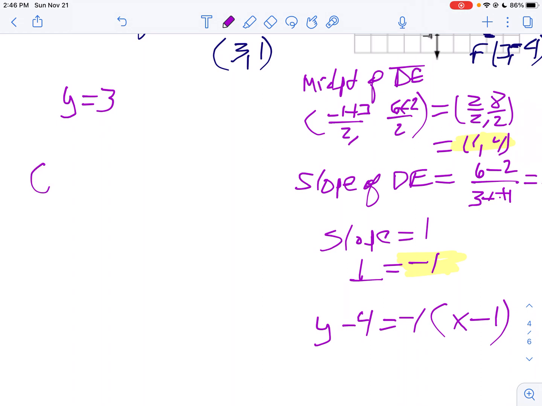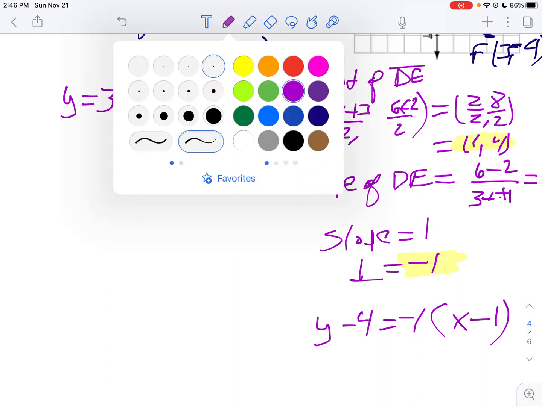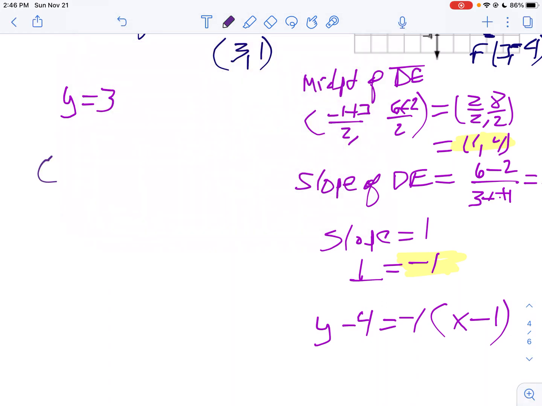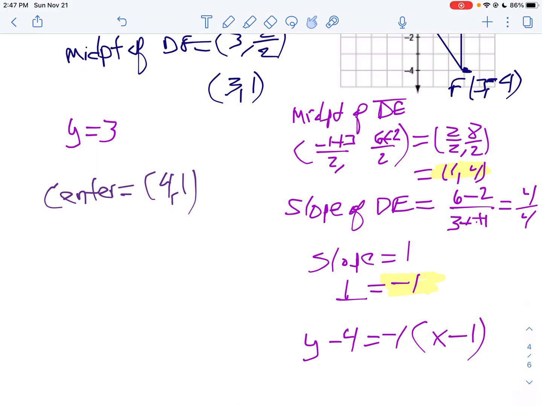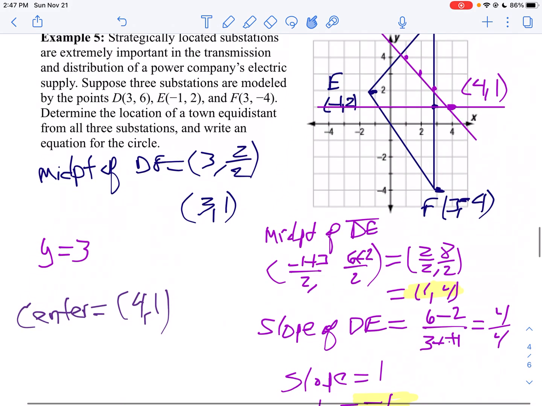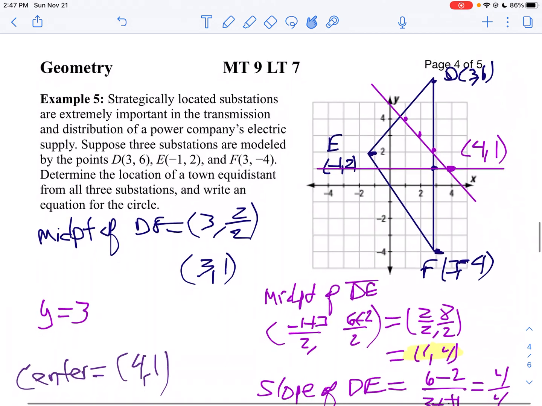I'm going to change pen colors here so you can see that. Now I have to find the radius. We got a lot of work to do on this problem, don't we? So I'm going to pick between 2 points. I'm going to find the distance from (4, 1) to (3, 6).